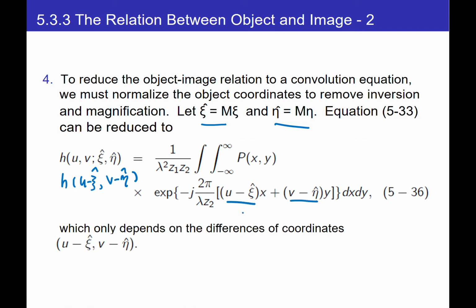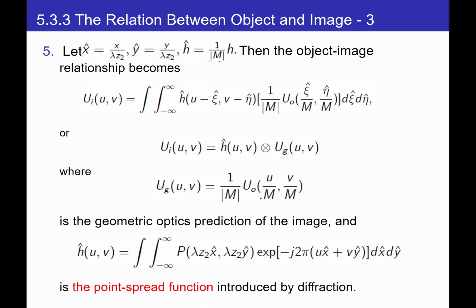And then if you change the coordinate once again, then you get the normalized point spread function with the normalized object, and this is given by convolution. Okay, convolution. And then here, the geometrical image is actually this one.